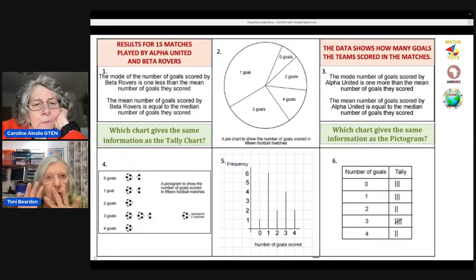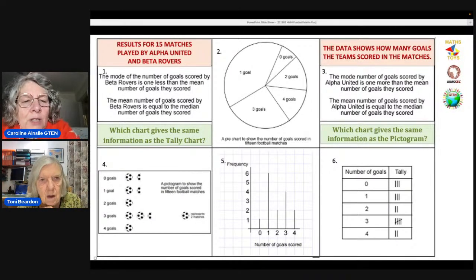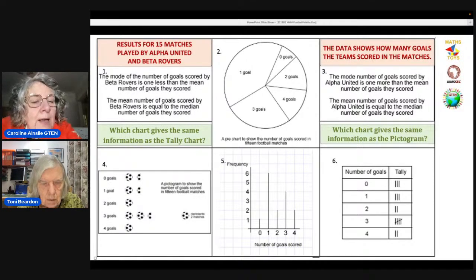And so the pie chart and the pictogram must refer to different sets of results. Yeah, that's right, because in the pie chart, the biggest section is the 1 goal section, whereas in the pictogram, the biggest section is the 3 goals section, which is 2.5 footballs.